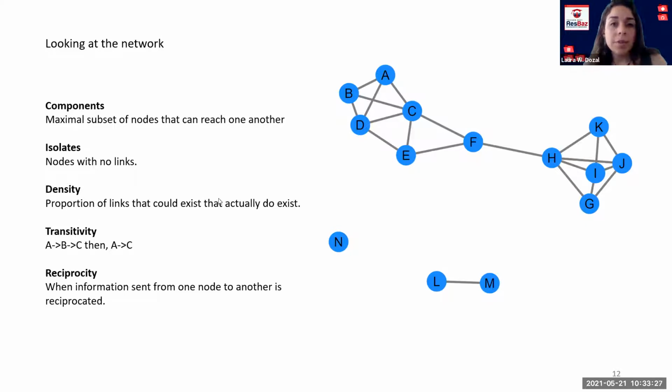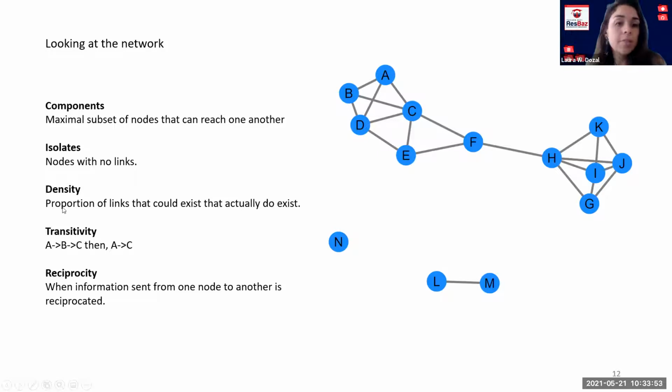Isolates are nodes with no links, like this N guy right here. For today's purpose, we won't think of them as outliers, but as isolated nodes with no connections to anyone else in the network, although they're still part of the network.